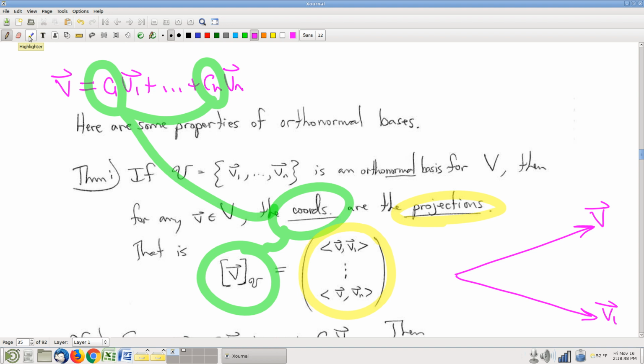The projection, or sometimes called component, comes from dropping a perpendicular, critically perpendicular, and that distance is a projection. And recall again, flashback to Math 212, you're using the dot product. Projections are computed with dot products. Specifically, since these are unit vectors, dot product with unit vectors, you don't have to divide by the magnitude. Okay, so weird fact, coordinates are equal to projections.